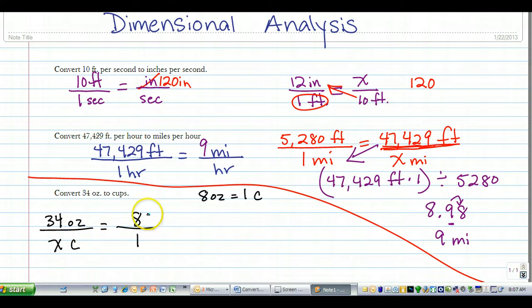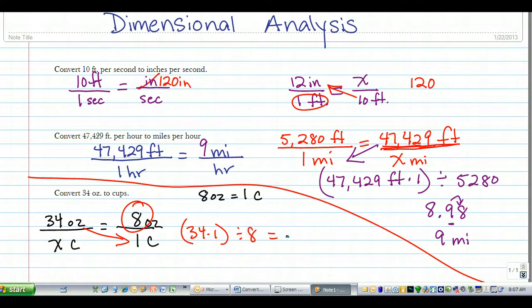34 ounces. Oh, I really should have put my ounces here so we can see that everything's the same. So now I can crisscross multiply 34 times 1, divide by the lonely guy. So 34 times 1 divided by 8.